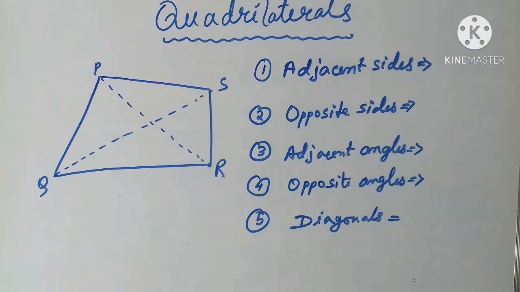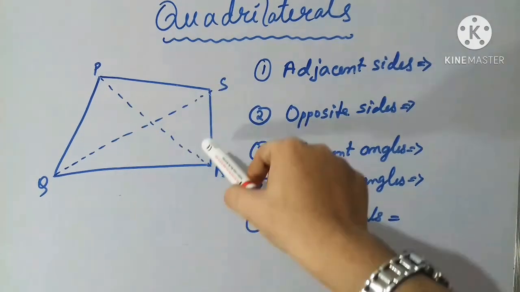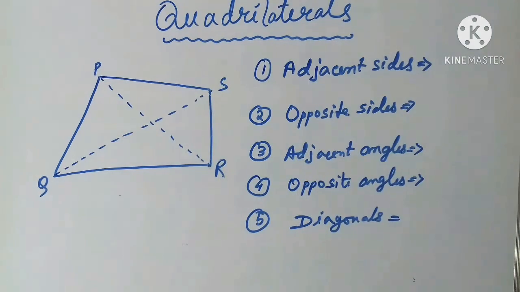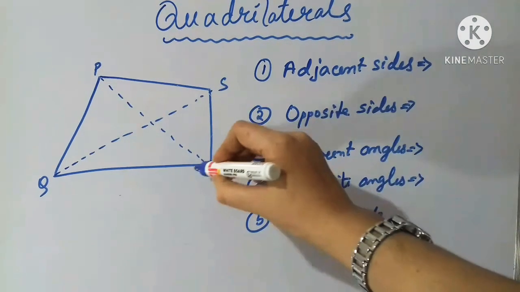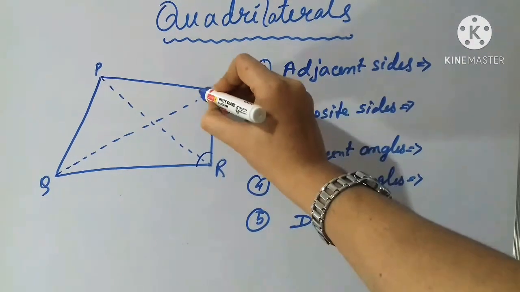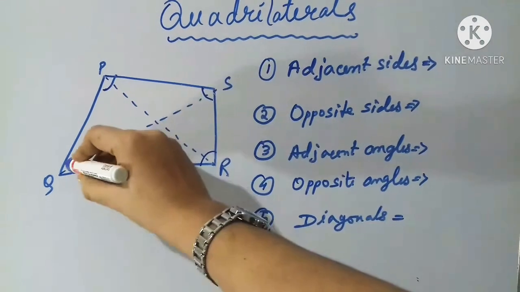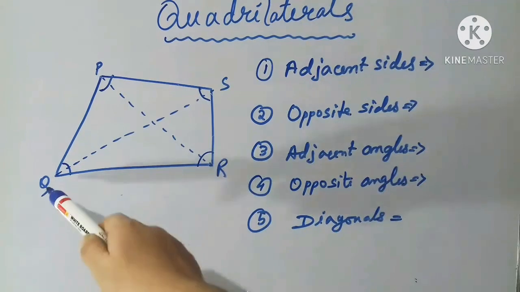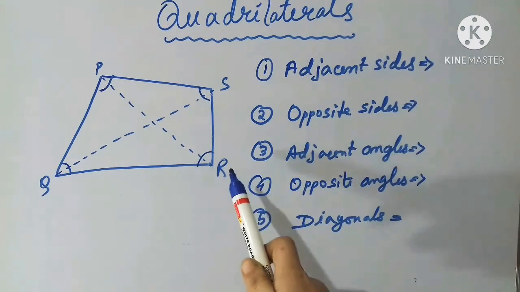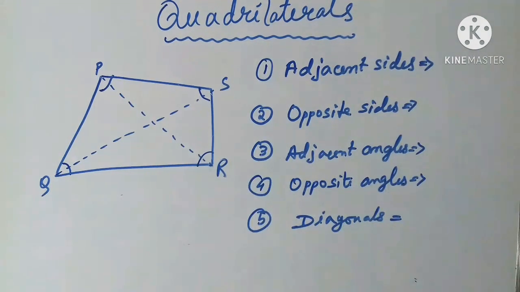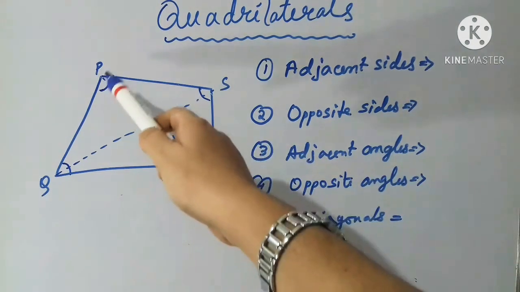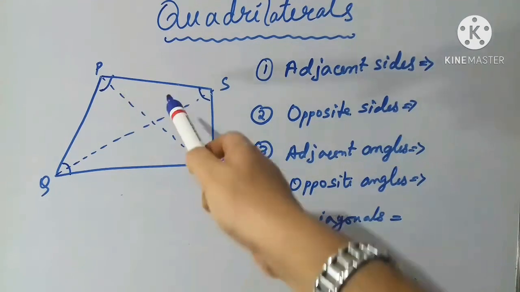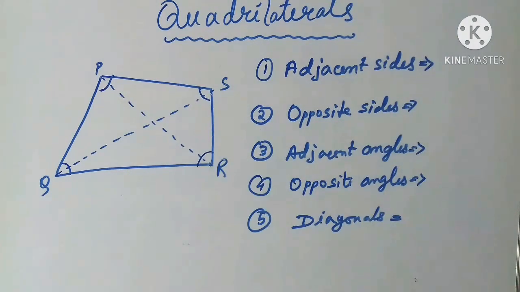These are the four angles: angle SPQ, angle PQR, angle QRS and angle RSP. The four sides are PQ, QR, RS, SP, and the four vertices are P, Q, R, S.